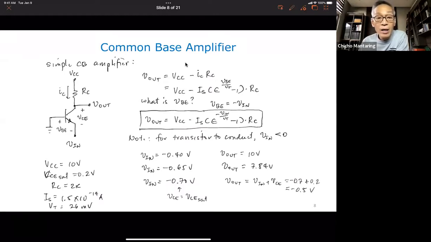Okay. What will happen if I make V in equal to 0.8 volts? Can somebody tell me? That's kind of a trick question. What will happen if I make V in equal to 0.8 volts? What will my V out be equal to?